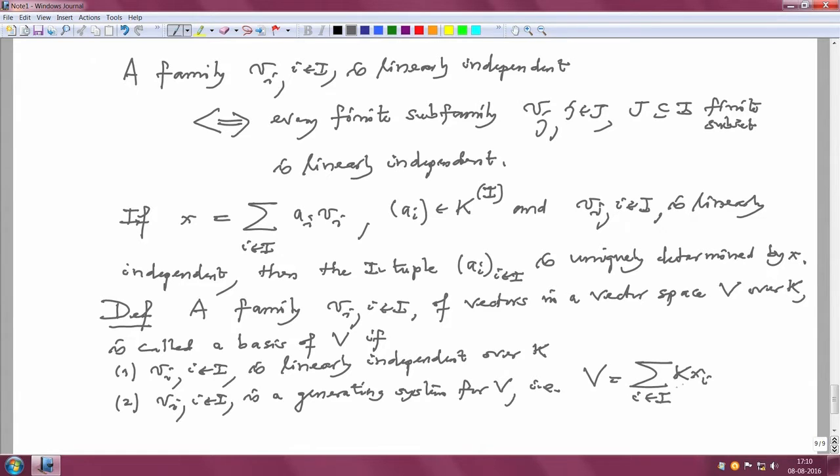This means every element of V has a representation as a k-linear combination of the Vi.